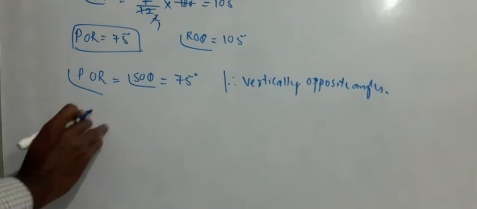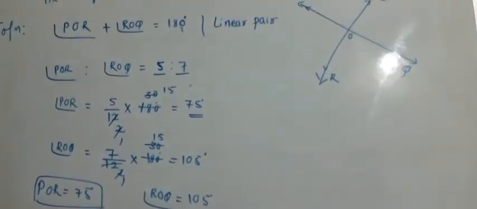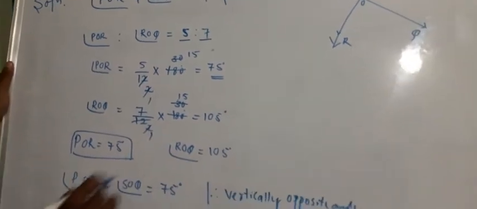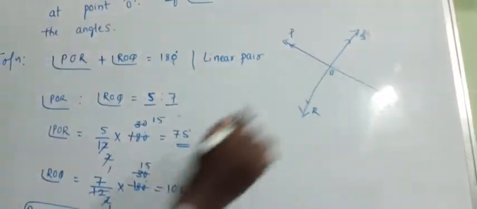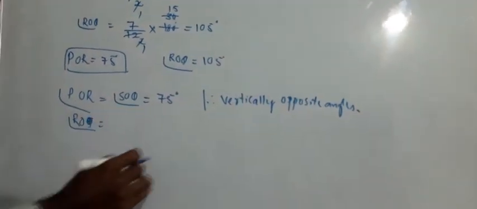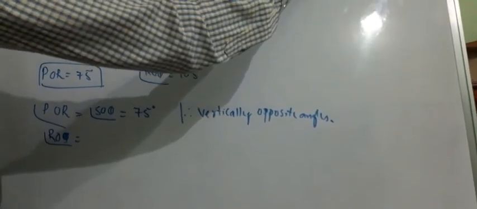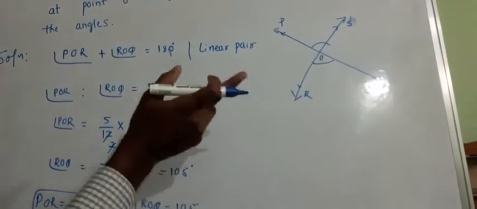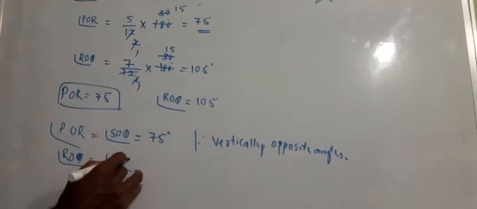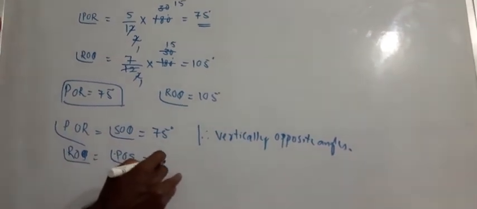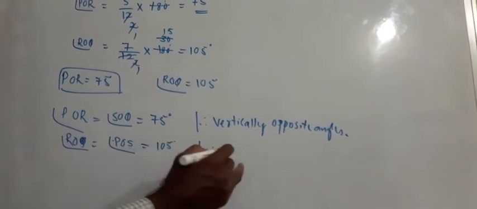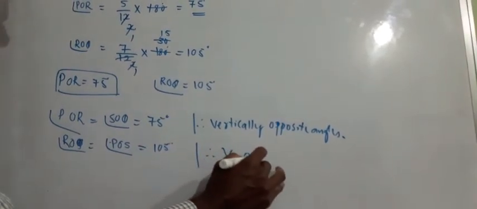Next, angle ROQ is equal to angle POS, which is equal to 105 degrees, because they are vertically opposite angles.